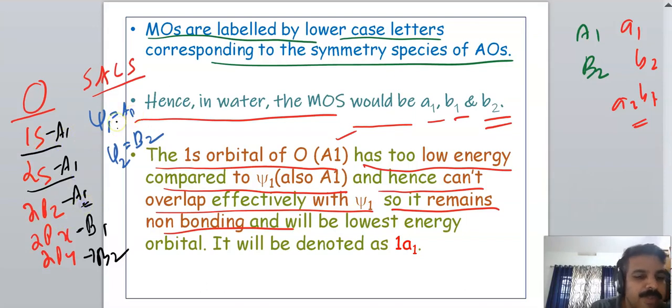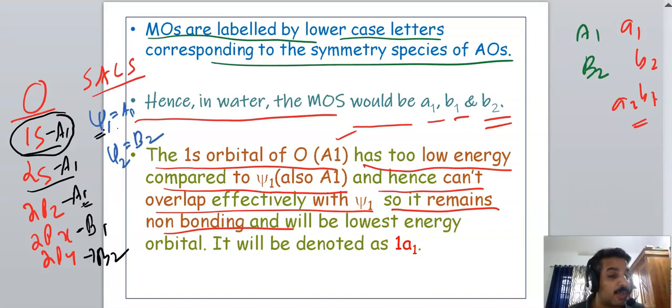Psi1 is A1. But here is one problem with 1s: it is a lower energy orbital. It cannot combine with psi1 because of the energy difference. According to the postulates of molecular orbital theory, the combining atomic orbitals should have comparable energy. So this 1s orbital cannot combine with psi1.